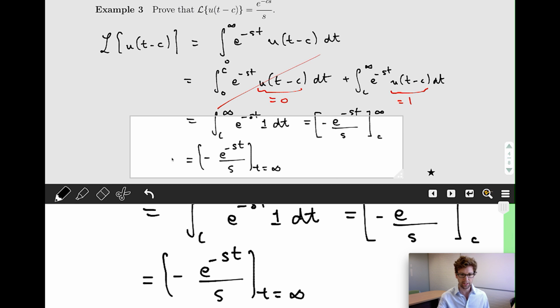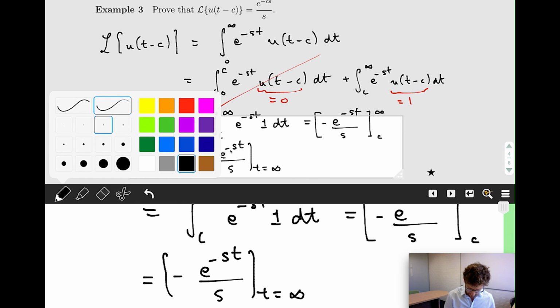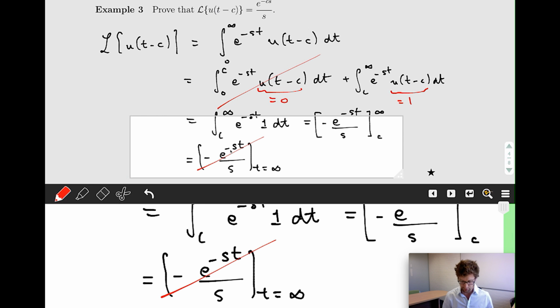And you can see that when I substitute t is equal to infinity in here, I've got e to the minus s of t. So this function is decreasing with increasing time. So that's going to go to 0. E to the minus a really, really big number.